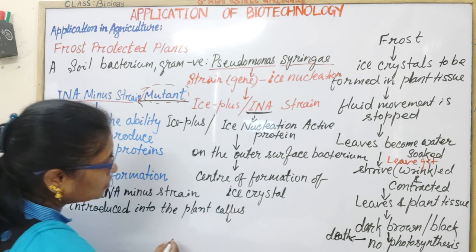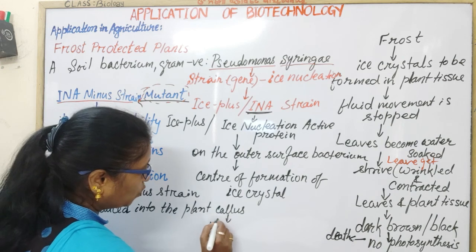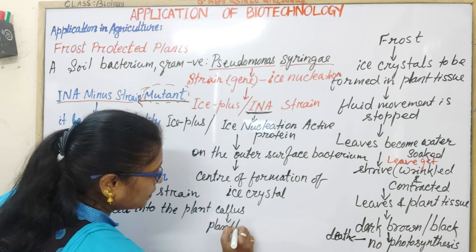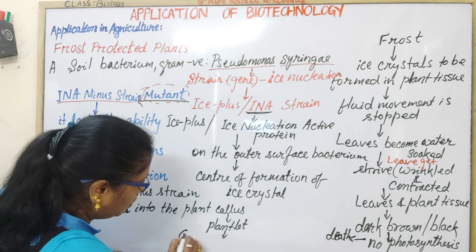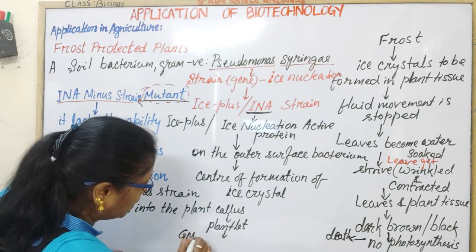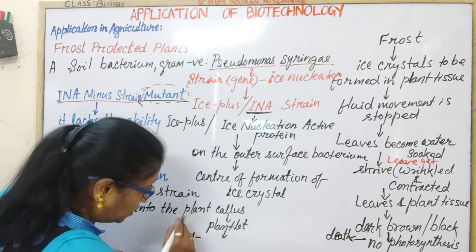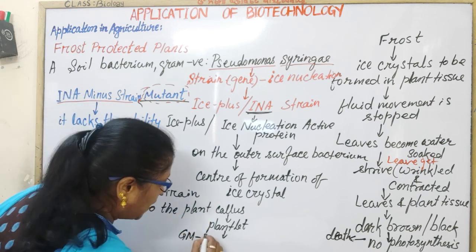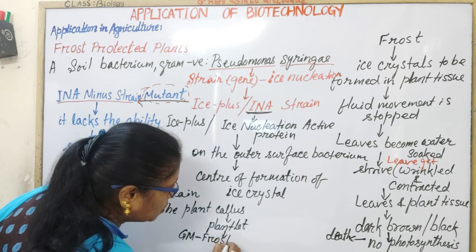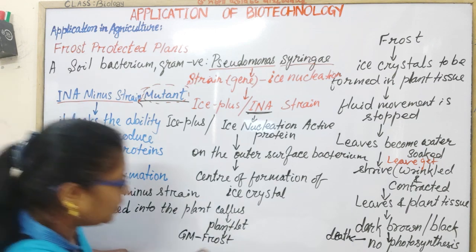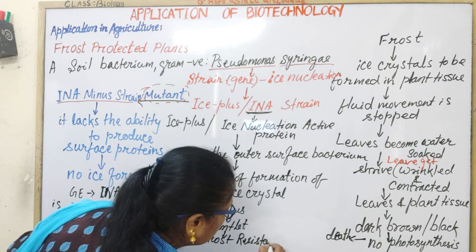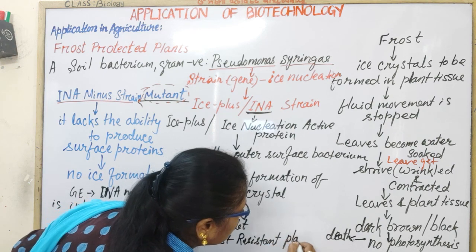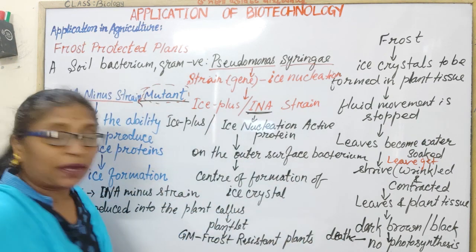Then from the callus, the plantlets are grown. Then GMO, genetically modified, frost-resistant plants are developed. Am I clear?